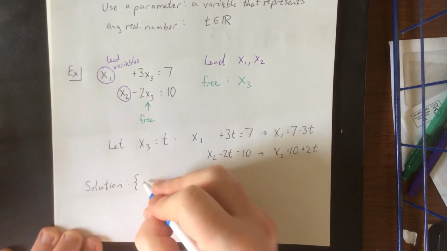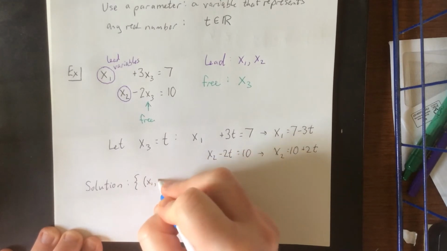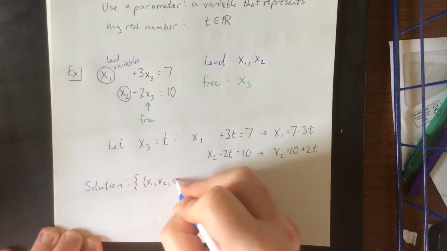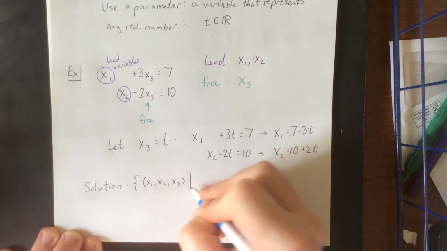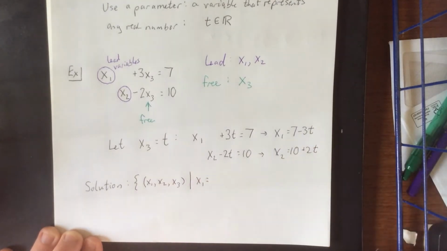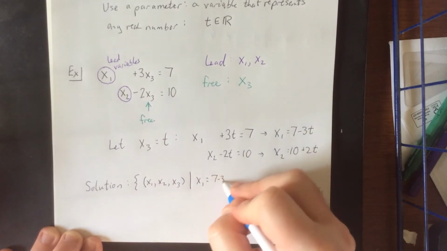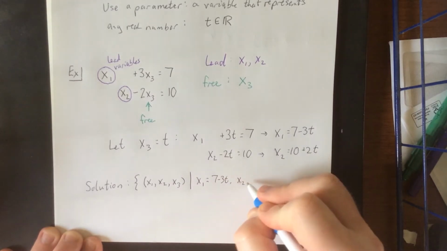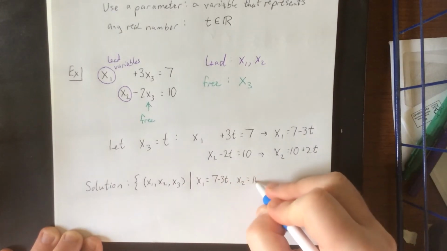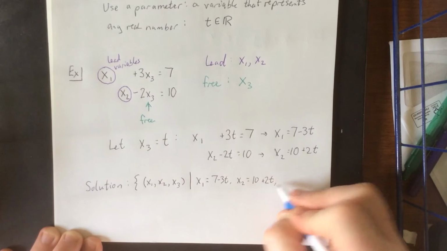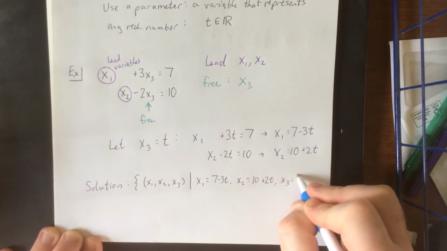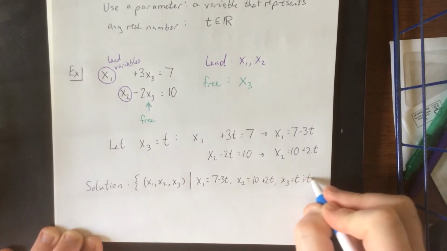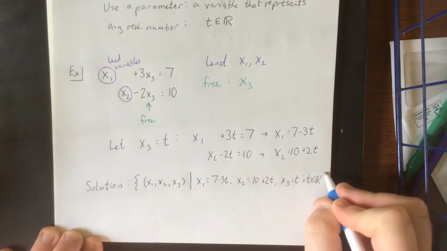One of them would be simply, this is the set of all ordered triples x1, x2, x3 such that x1 is equal to 7 minus 3t, x2 is equal to 10 plus 2t, and x3 is equal to t, where t is an element of the set of real numbers.